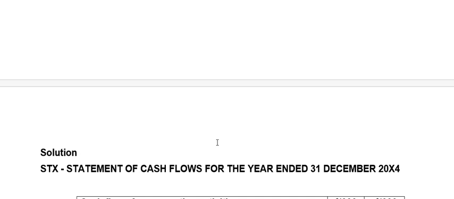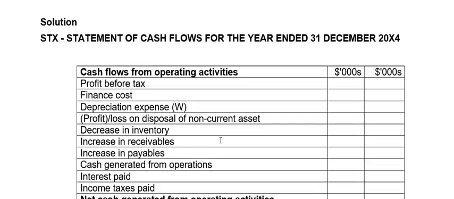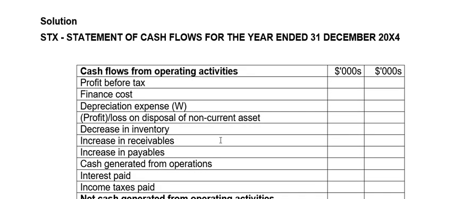So you write your heading STX, statement of cash flows for the year ending 31st December 2004. Of course, don't forget the three headings that the statement of cash flows is prepared in. We have to show those headings, the operating activities, the investing activities, and then financing activities.